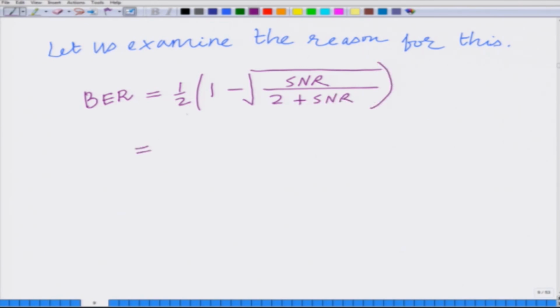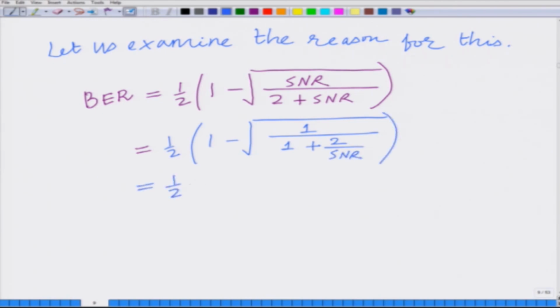I can also write this as half times 1 minus, now I will bring the SNR into the denominator, 1 over (1 plus 2 over SNR), which is also equal to half times 1 minus (1 plus 2 over SNR) to the power of minus half.